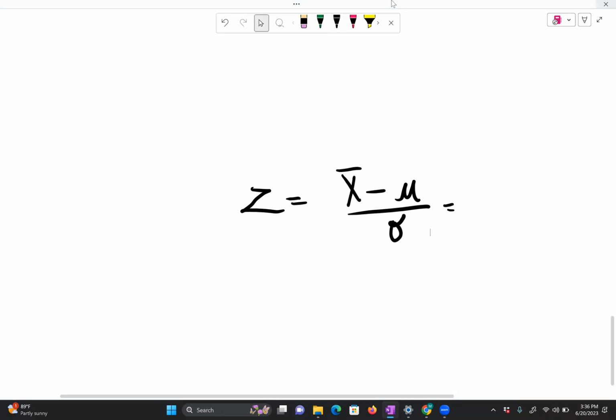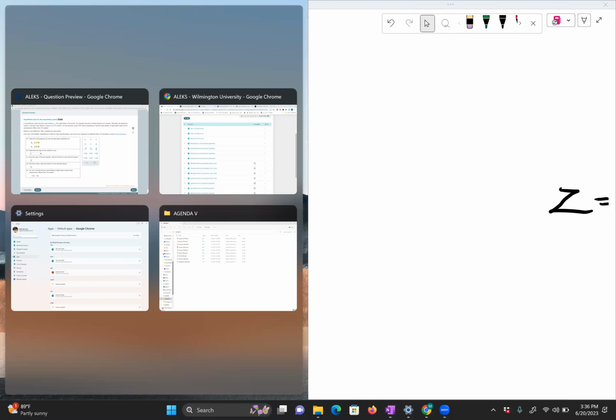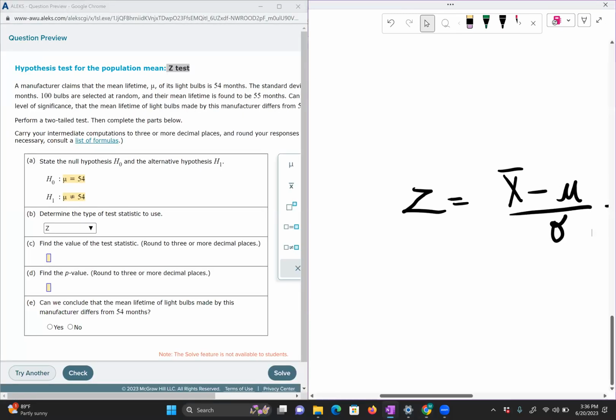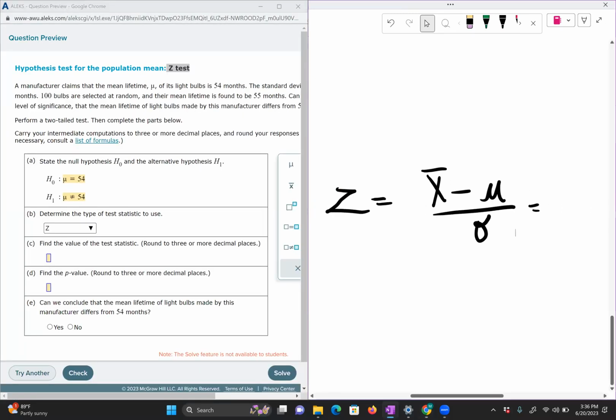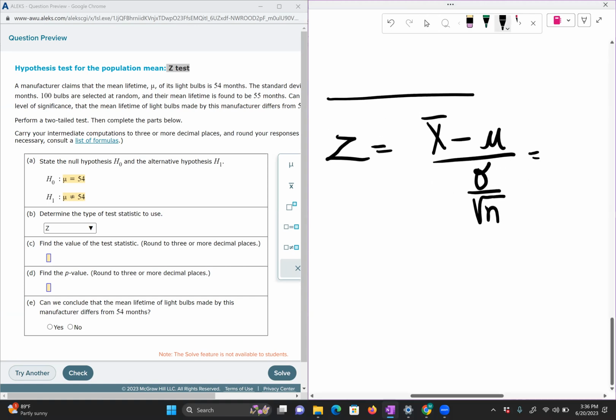I'll do it in Excel as well, so you can have both. Oh, by the way, this is over the square root of n, my mistake. So you'll need this formula right here.